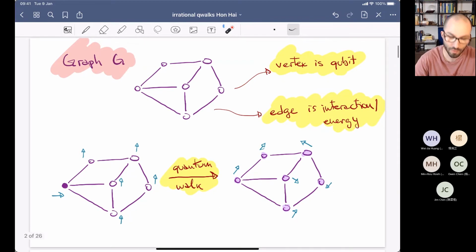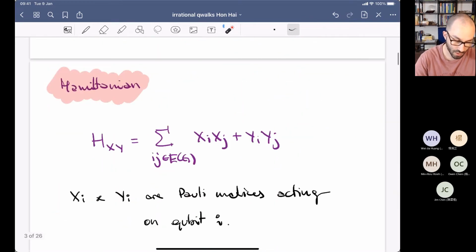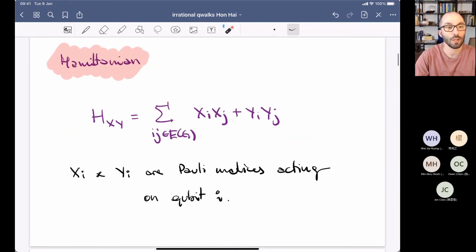Now, what is the physical formalization of this? The understanding is that we have a Hamiltonian, and the main Hamiltonian that this work is concerned about is this one.